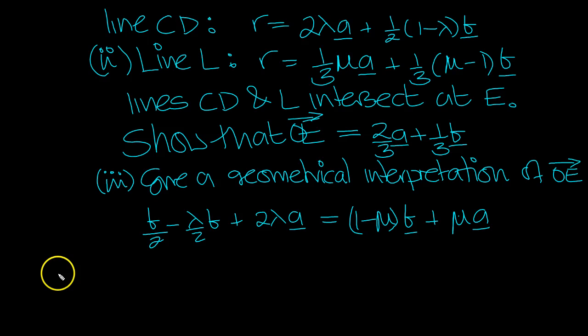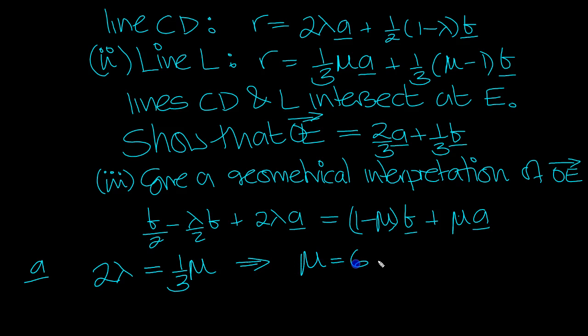So as far as A is concerned, the vector A components, 2 lambda A's must equal a third mu. So that tells you that mu is equal to 6 lambda.